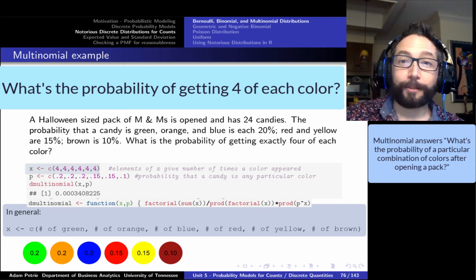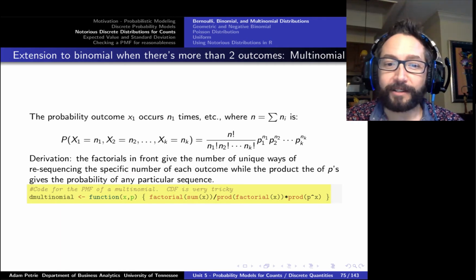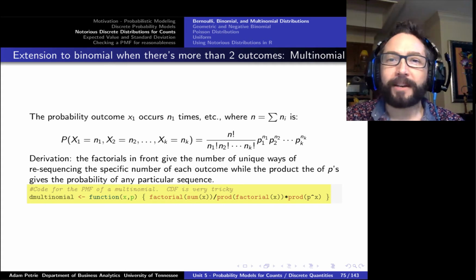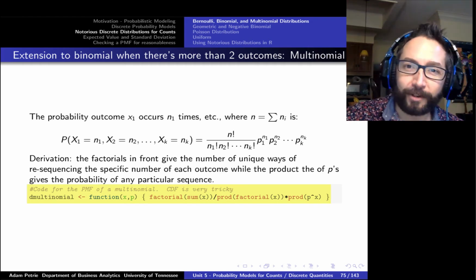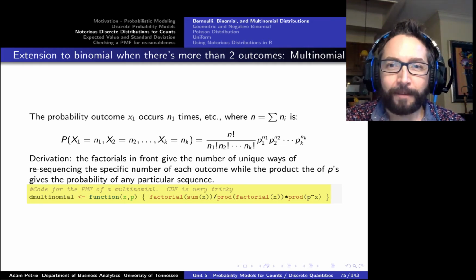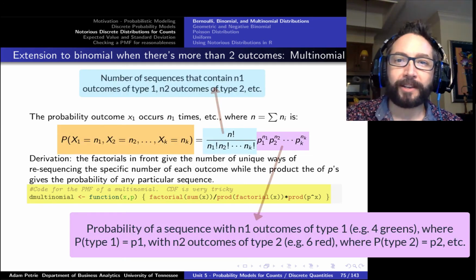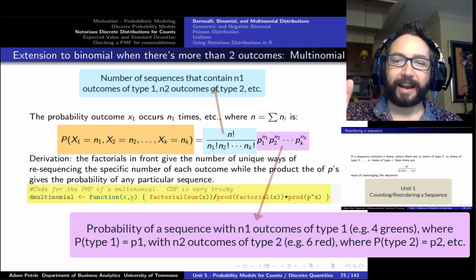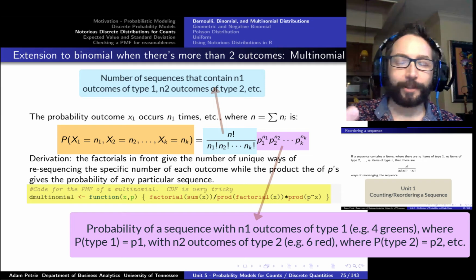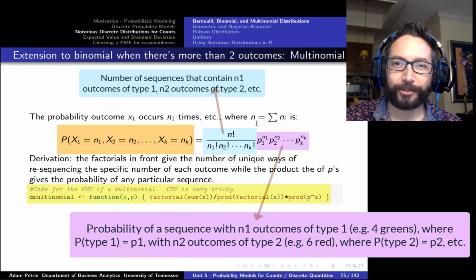Now, dmultinomial isn't a built-in function in R. You can find it in the corresponding .r file in these notes. I've just written it here for you because the actual formula that gives us the probability of any particular combination of interest after we've conducted n trials is a bit unwieldy. If you go dust off your notes about combinatorics and figure out, okay, how many ways can we rearrange a sequence with exactly, say, 2 oranges, 3 greens, 5 blues, etc., you find that this massive hulking combination of factorials appears in there.